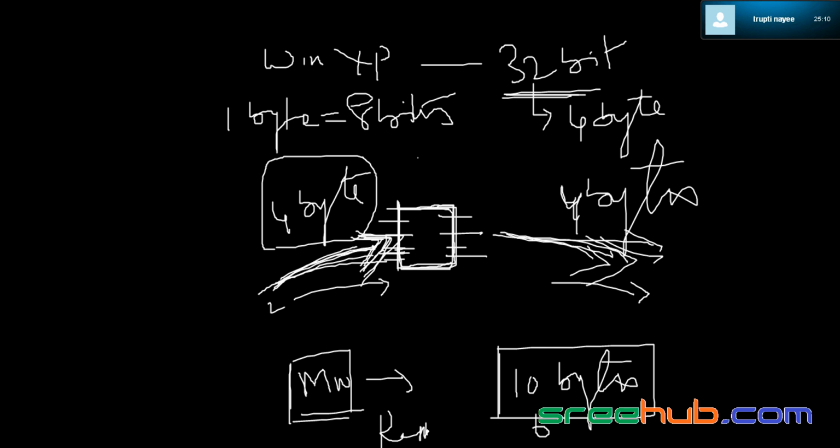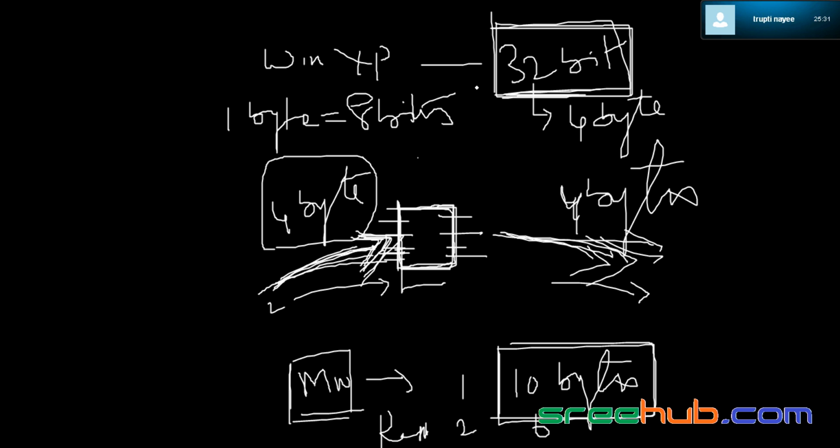So this 32-bit machine is taking 3 steps to open your Microsoft Word resume. That is nothing but the speed of a 32-bit machine. This is how the process works.